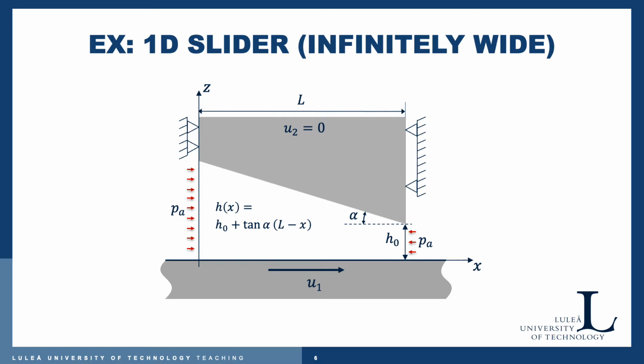The upper surface has a wedge shape described by the angle alpha, and therefore the film thickness may be described as the clearance at the trailing edge H0 plus the tangent of alpha times L minus x.